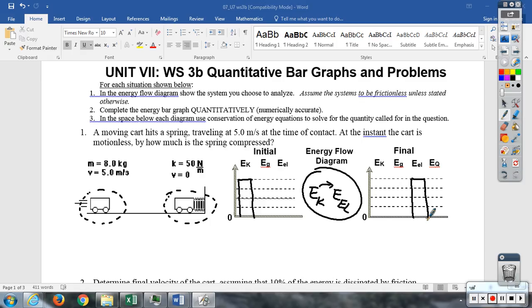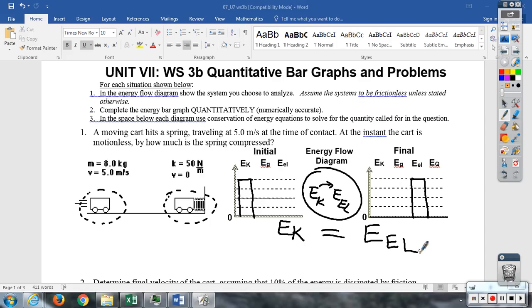So that allows us to make an equation that relates what happens before and after this interaction. So what we can say is that EK at the beginning equals EEL at the end.